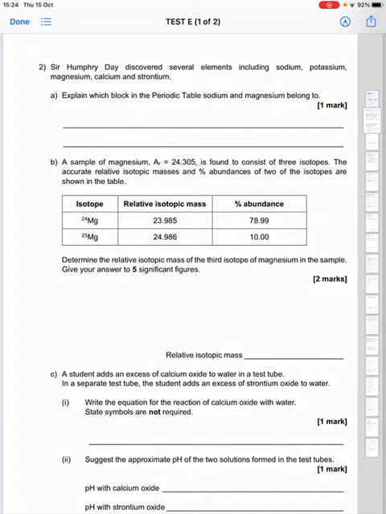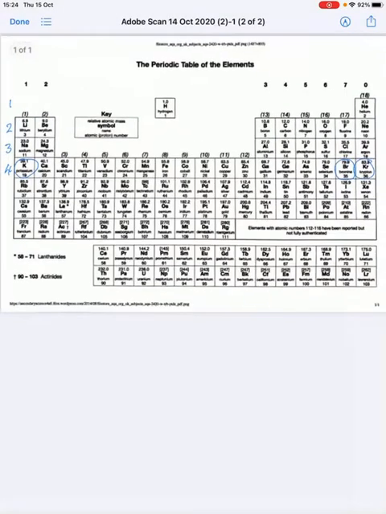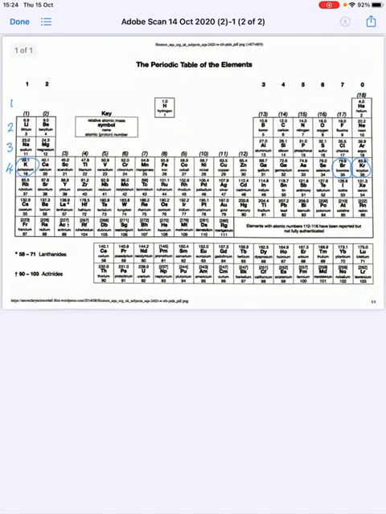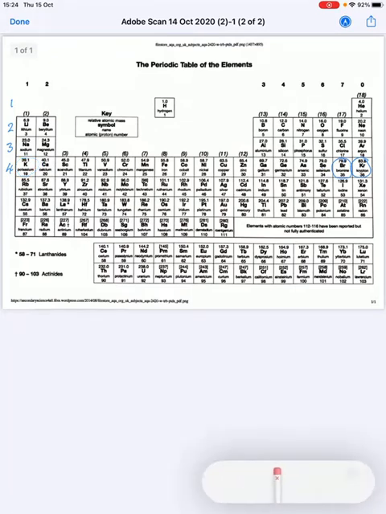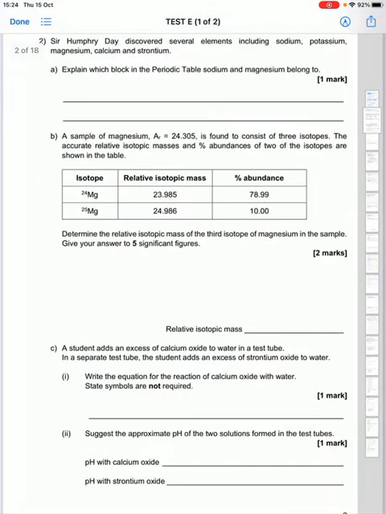So magnesium, so let's just go to the periodic table. So magnesium is here. And if you remember, it is in the S block. So let's go back to this. So what block in the periodic table is it? It is in S block.